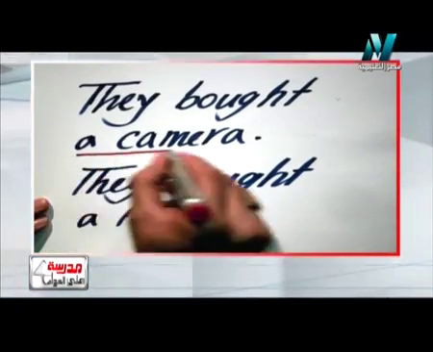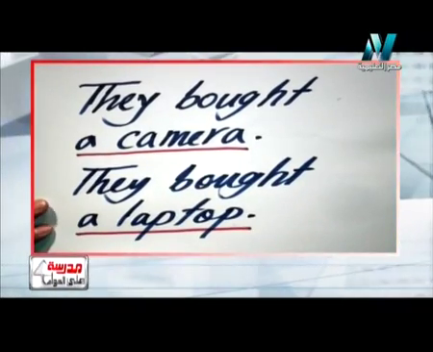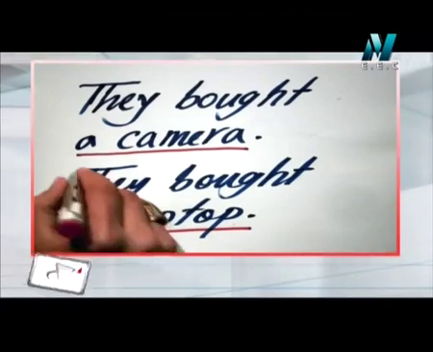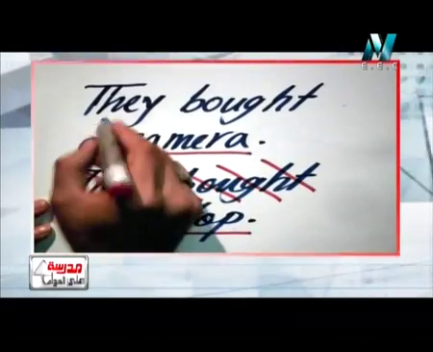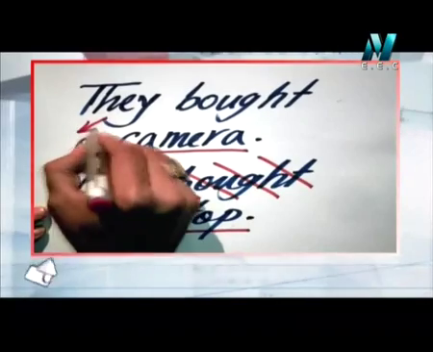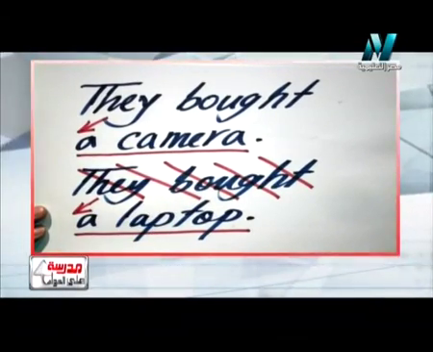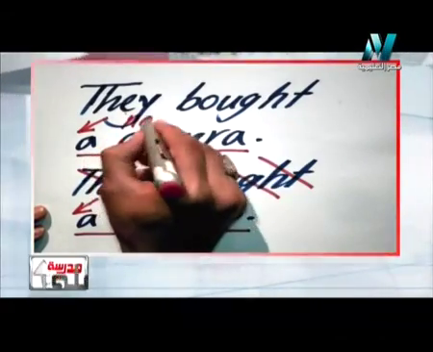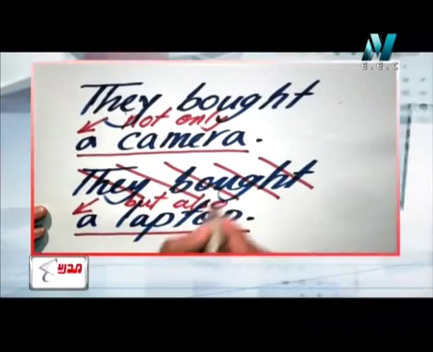We underline the two options we have: a camera, a laptop. We omit the repeated part, they bought. We put not only before the first option and but also before the second option. So the answer will be: they bought not only a camera but also a laptop.